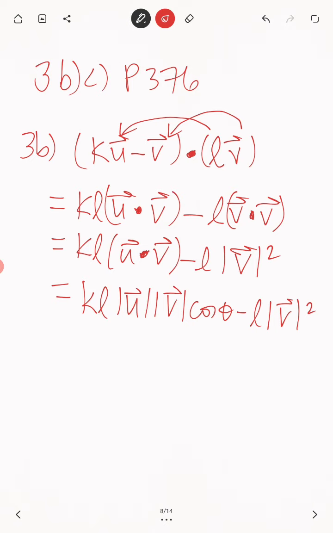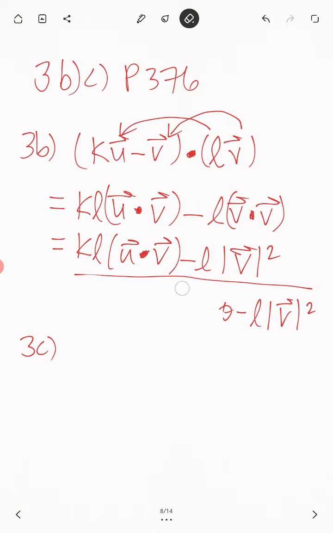Not sure what they do in the textbook. Oh, hi guys, I'm back. I paused because I just wanted to check how they gave the answer to 3B in the textbook. And they actually left it with the dot product. They didn't bother to go to the next stage. So let's just leave it there.